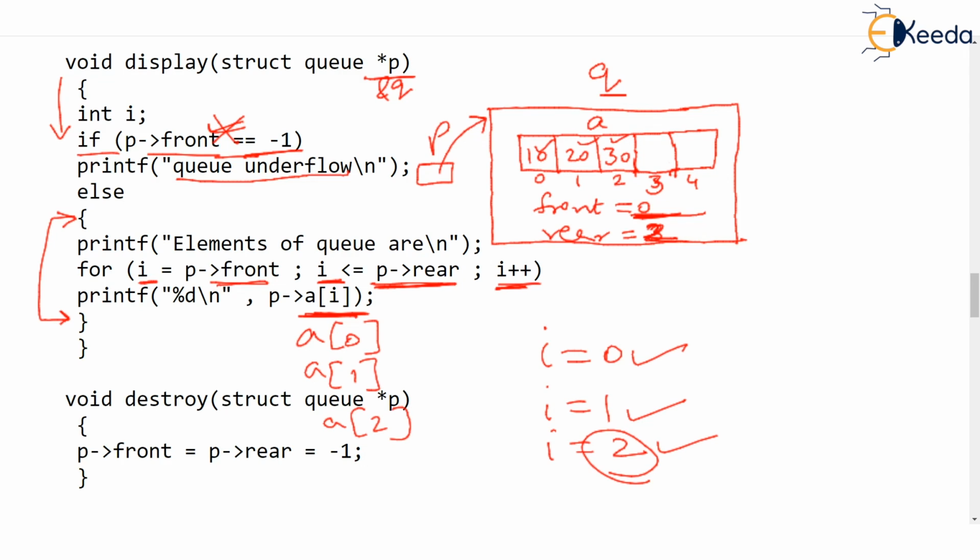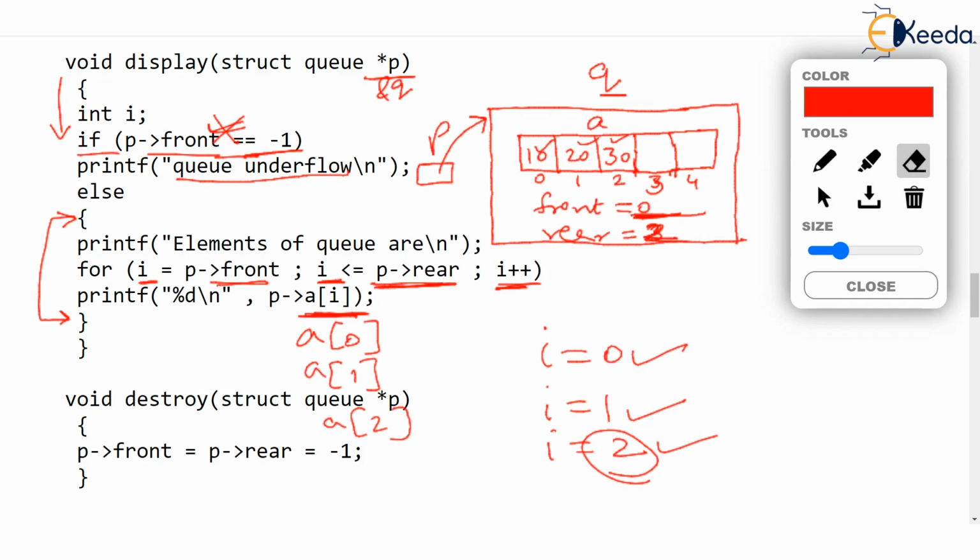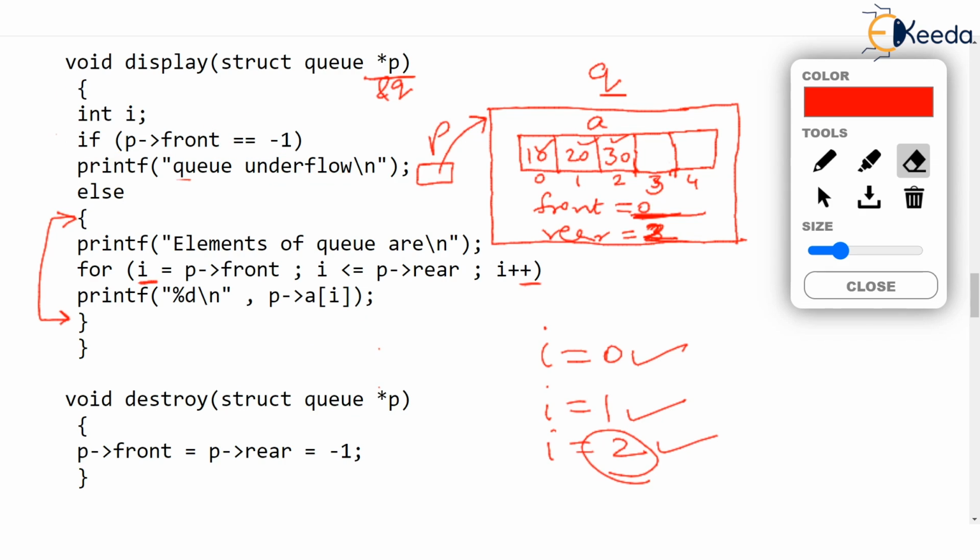Before we close the discussion on display, it is important to see the significance of that if statement. Let's say I don't care about underflow. I'm just erasing a few things, give me some time. Let's say that in this function, I did not check this and I simply wrote the for loop. Now, what if the queue is empty? If the queue is empty, remember, both front and rear are -1.